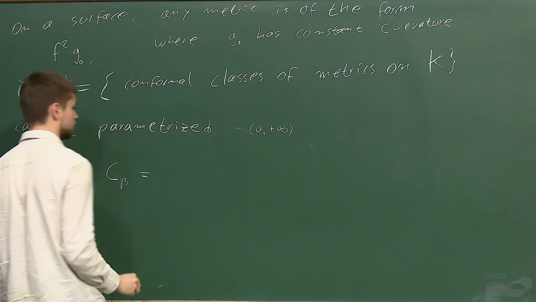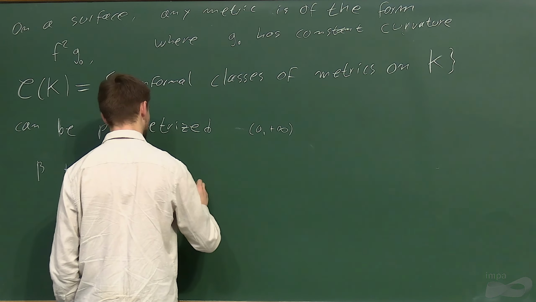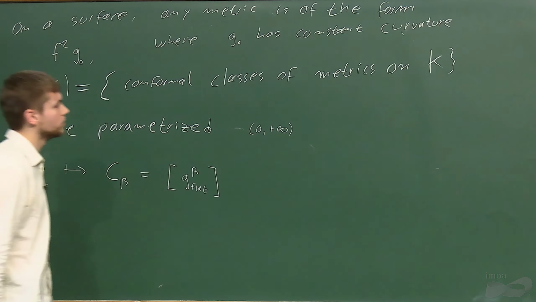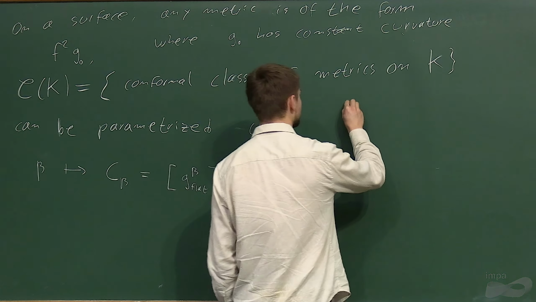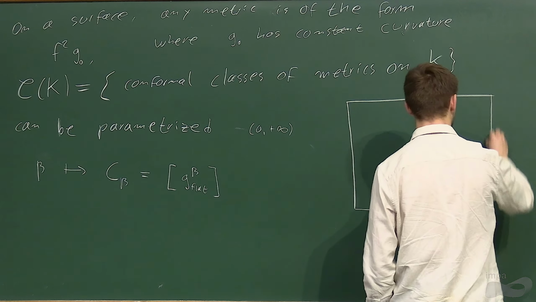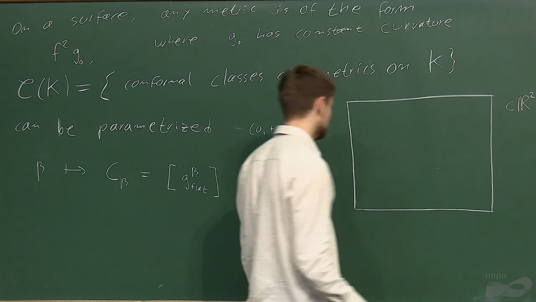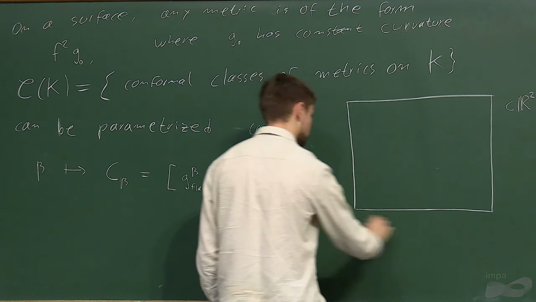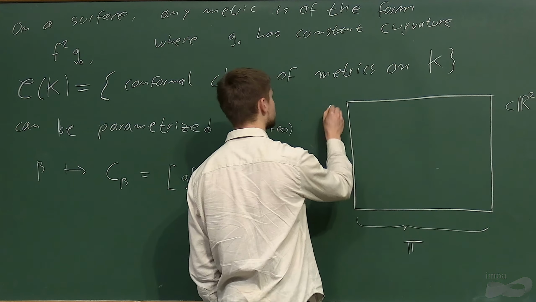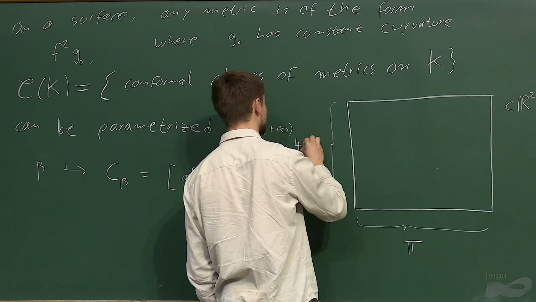where to some beta we assign the conformal class C beta, which is the conformal class of a specific flat metric, which I will denote with g flat beta. And this will be the metric defined in the following way. So we take a rectangle in the plane, and the side lengths are, so this side is of length pi, and this side will be of length 4 times beta.